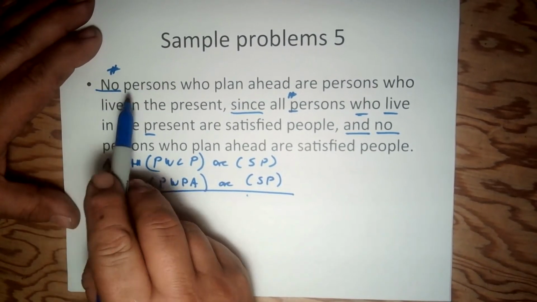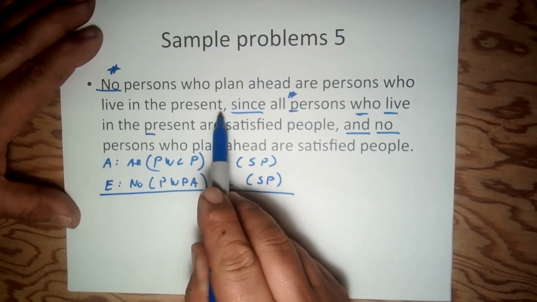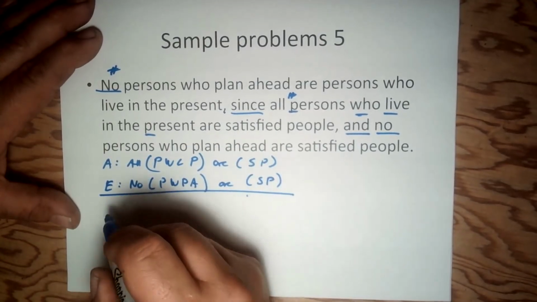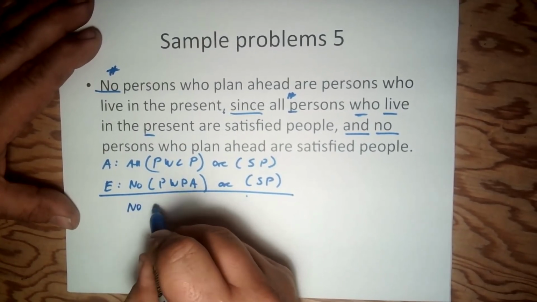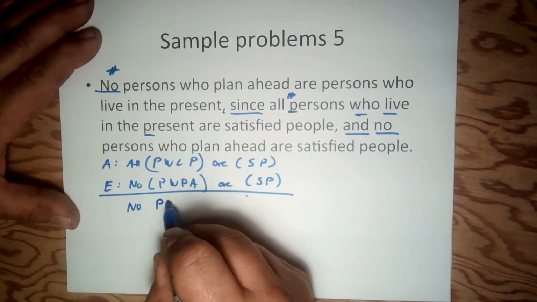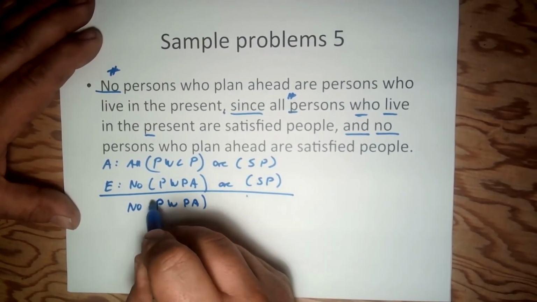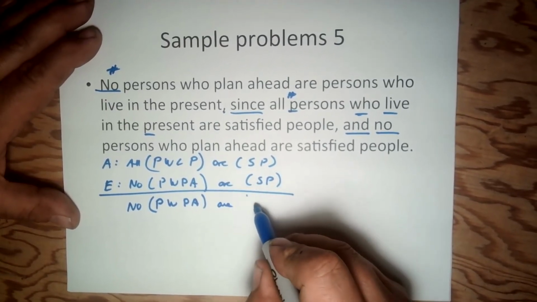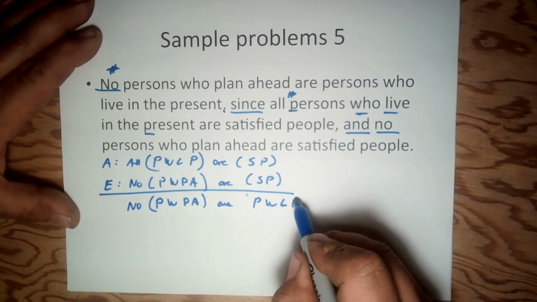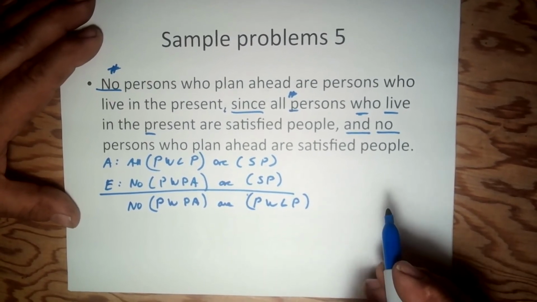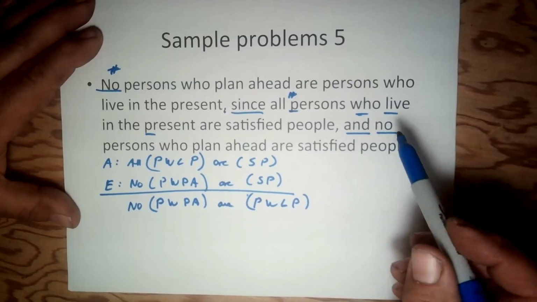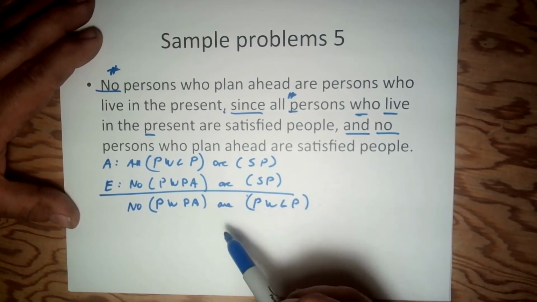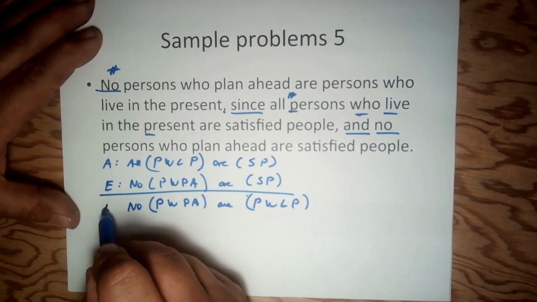Therefore, going back to our conclusion, which was the first phrase in this thing, no persons who plan ahead are people who live in the present. And you can see we've taken a lot of words and packed it into a nice tidy little thing here. That's also an E-form statement.